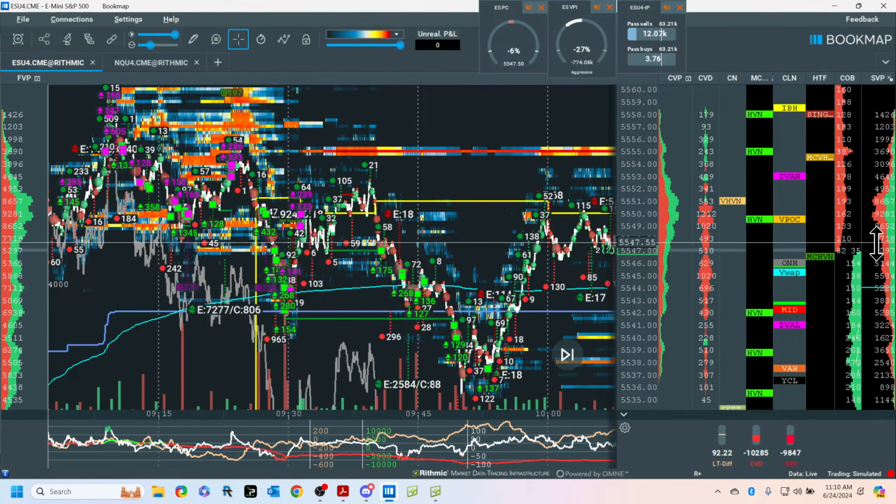Basically, if you go look at Thursday and you look at a profile, you'll see there were two big distributions. One, and then it broke away, and then it started another one. That meant that the one on top was too high. This was the dividing line between those two big distributions. We had rejected everything above here on Thursday. That's important.